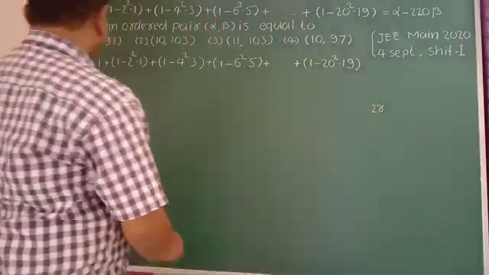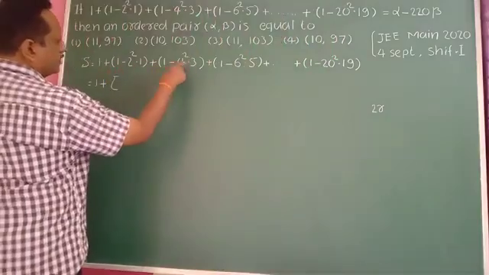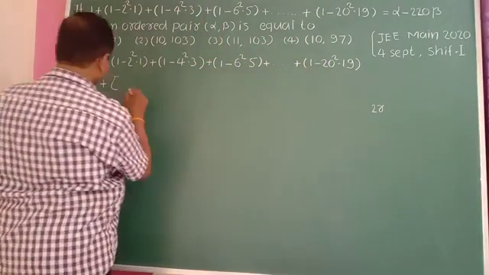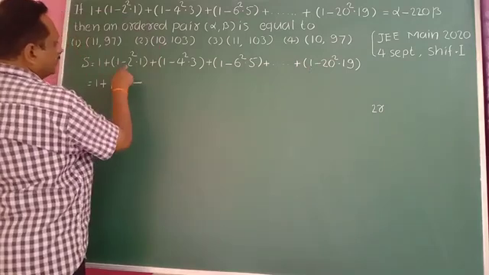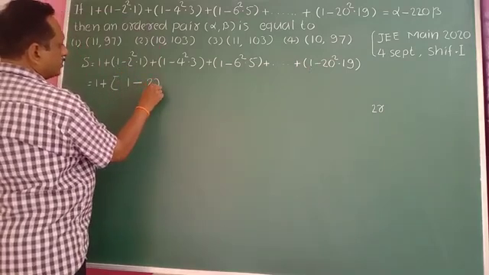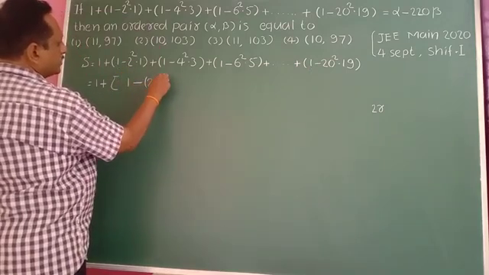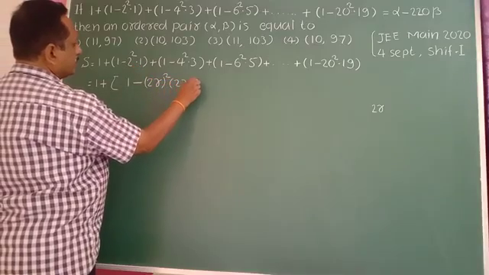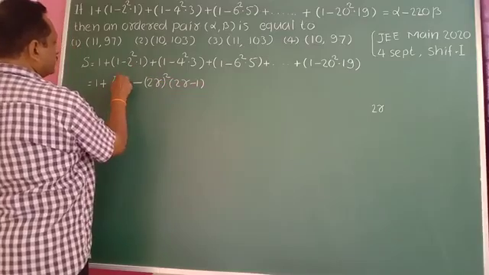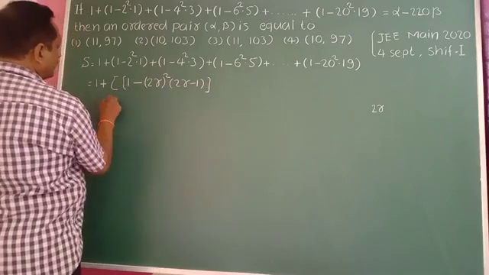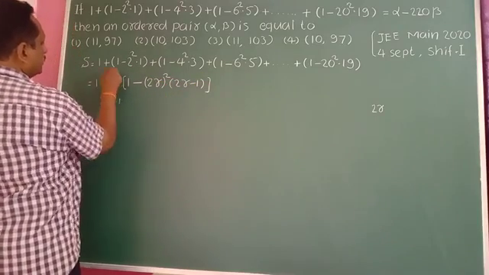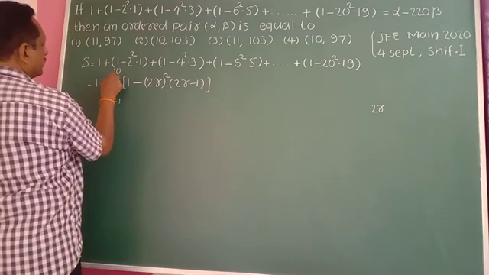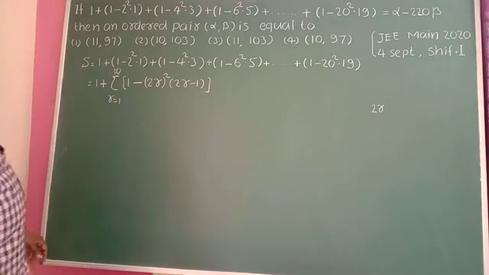Therefore you can write 1 minus (2r)² into (2r − 1), where r is equal to 1 to 10.